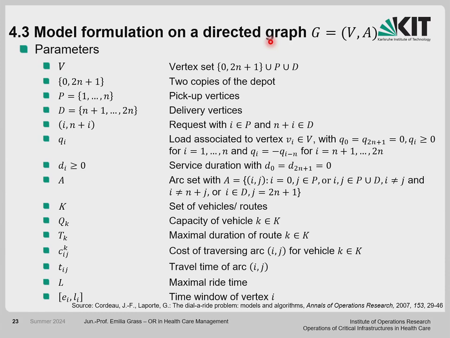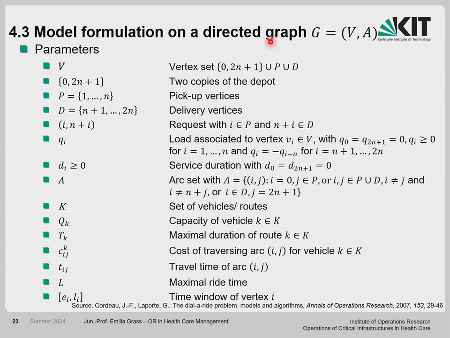Physically, it could be the same depot. But for the optimization model, it's important that it is another node. Mathematically it is necessary to separate them so that you have a straight line from 0 going to the demand nodes, going to the delivery nodes, and then coming back empty to the depot.